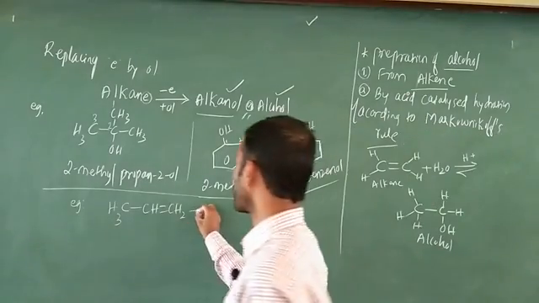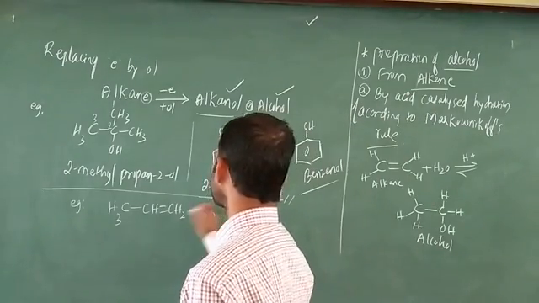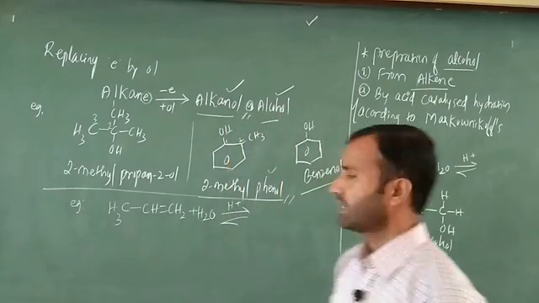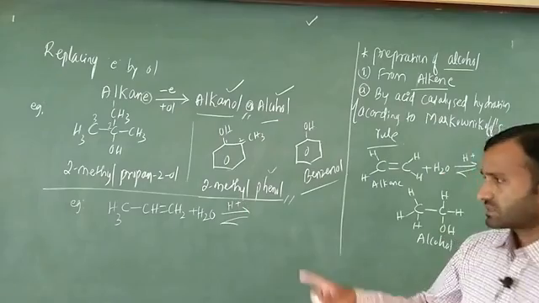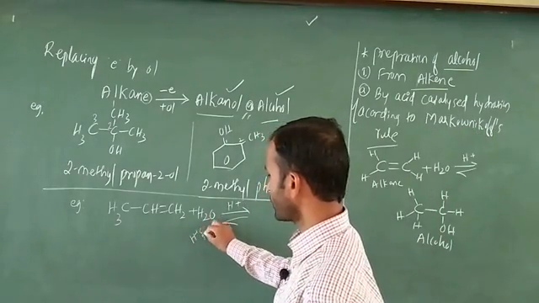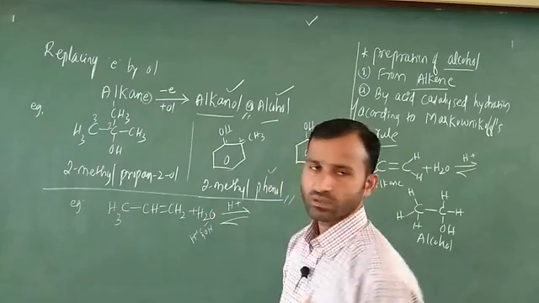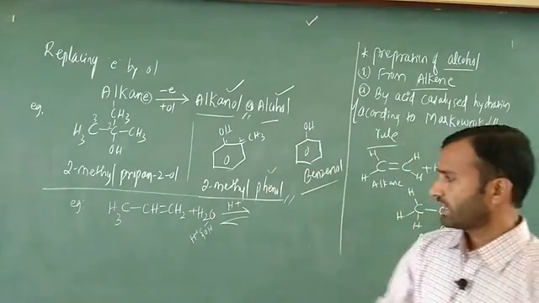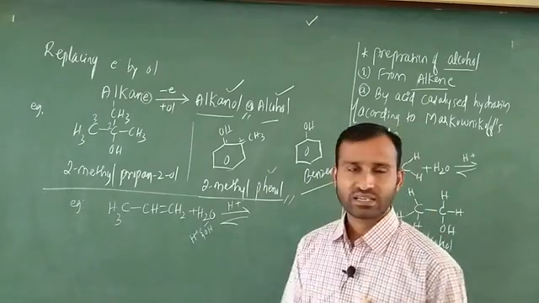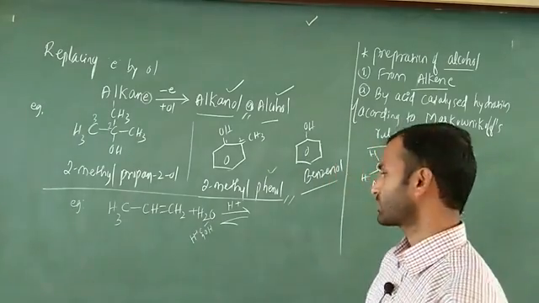That's why we have addition of H2O in the presence of H plus. Here I am going to divide this H2O as H plus and OH minus. Is it clear? H plus acts as an electrophile, positive charge, and OH minus acts as a nucleophile. The nucleophile is electron rich.